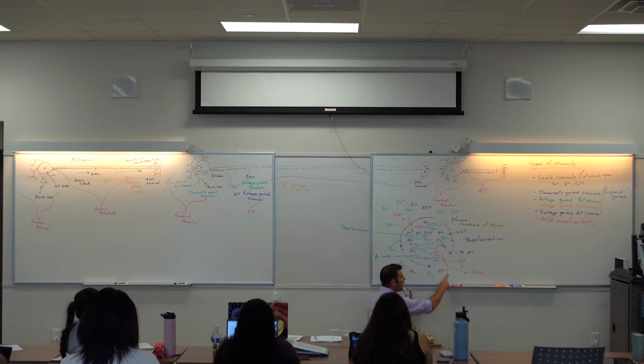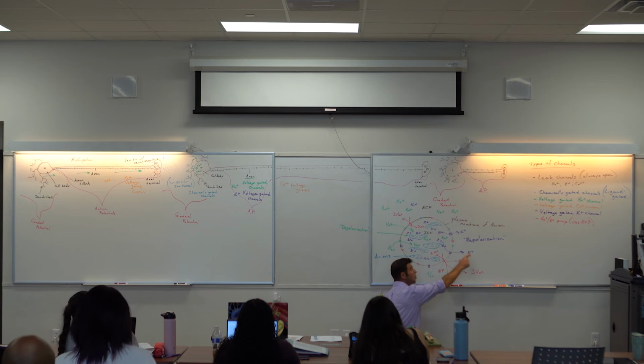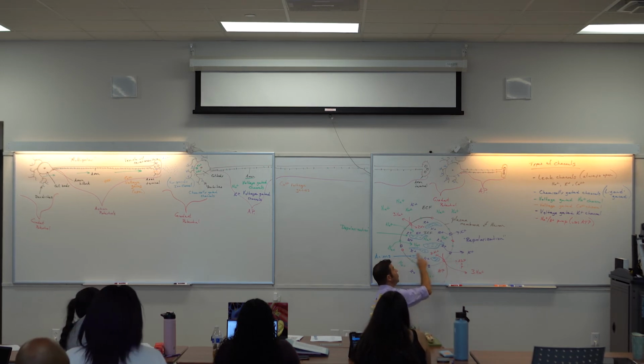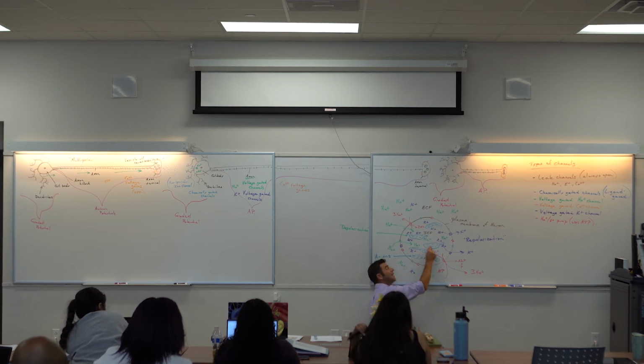I want to talk about how these voltage-gated channels for potassium and for sodium work. But at least we can see they are involved in either depolarization or repolarization. And the point about repolarization that I wanted to make here is that it's a little bit more difficult for potassium to leave the cell than it is for sodium to rush in. Remember, sodium was rushing in because it was going down its concentration gradient and it was going towards the electrical gradient of these negatively charged proteins. Potassium is the opposite.